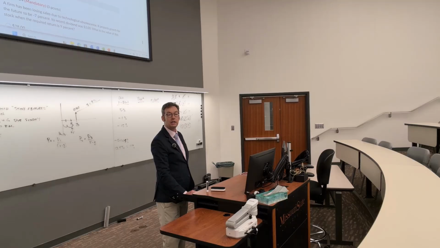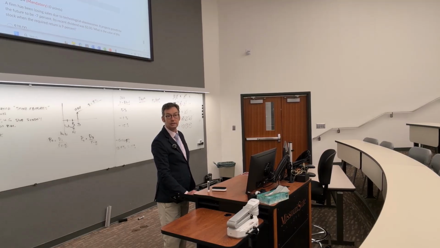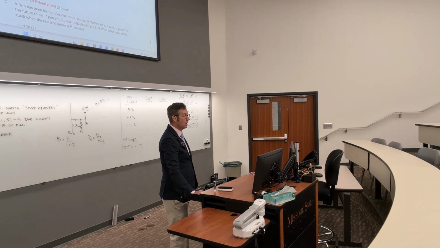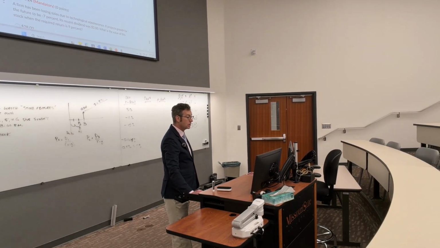It's asking for the value of the stock today. How though am I going to get this back in time? Well, I'm going to say second, clear TVM. I'm going to put this in as a future value. And our required return is 10, that's 10 I/Y.